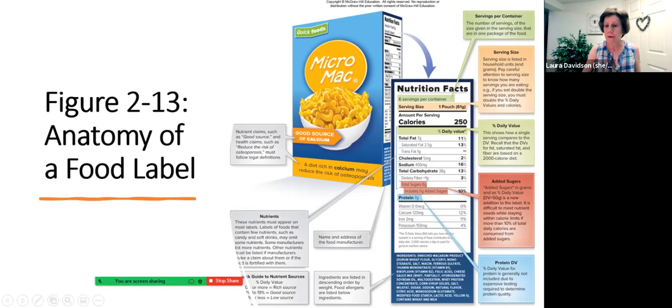But you can see here that this 1 pouch of macaroni and cheese gave you 11% of the fat that you should consume as a limit in a day, 13% of the saturated fat, only 3% of the fiber. Something that's helpful with these percentages is the 5 and 20 rule. If you remember that 5 is low in fiber, and 20 is high, kind of high in sodium.